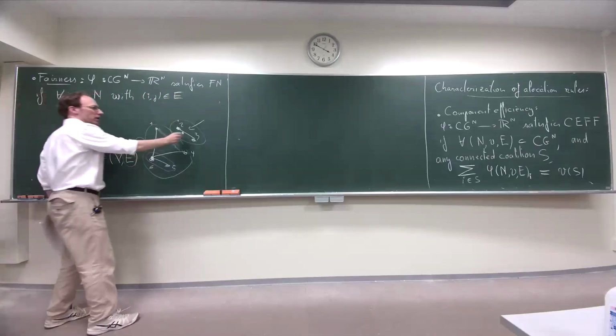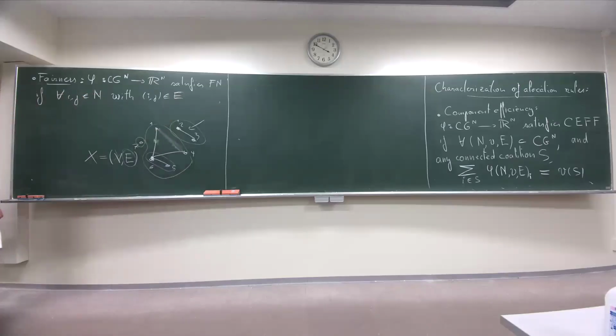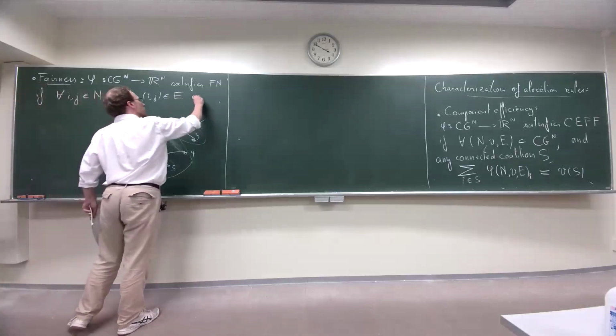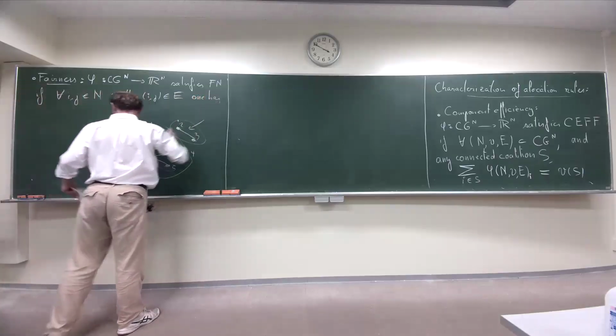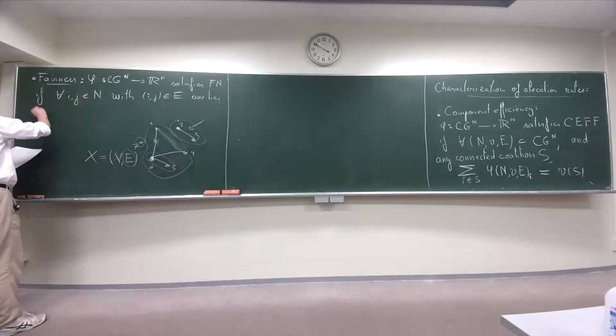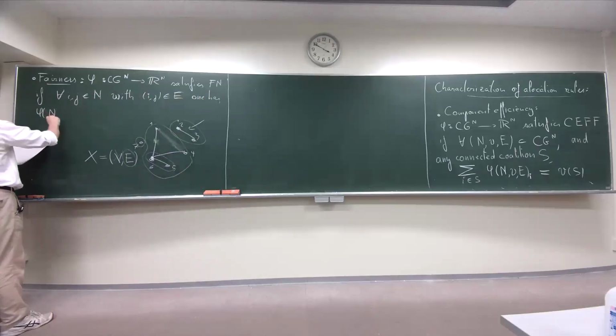For example, this 2, 3 is an edge between the two players. One has phi of n... I will explain.